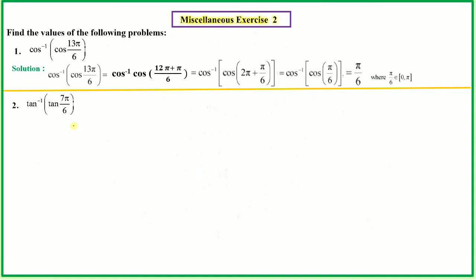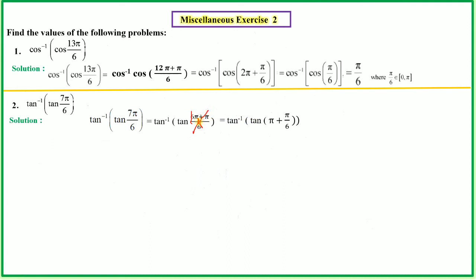Question number 2: tan inverse tan 7 pi by 6. Again we will break this 7 pi into two parts. So tan 6 pi plus pi by 6, we will break this division here, and then this 6 and 6 will cancel. So this is equal to tan inverse tan of pi plus pi by 6.